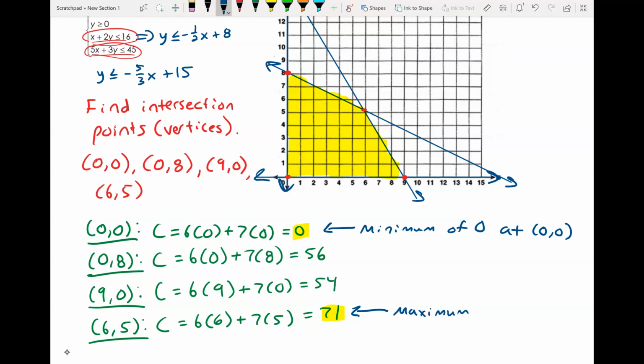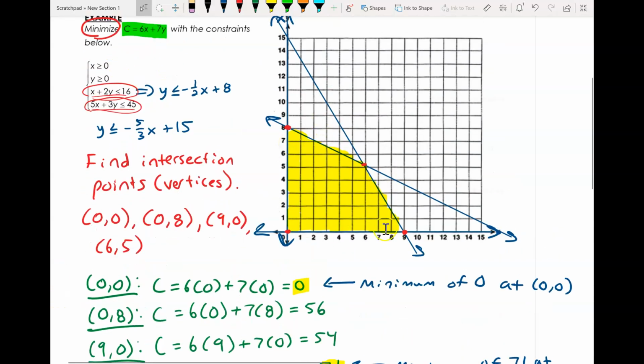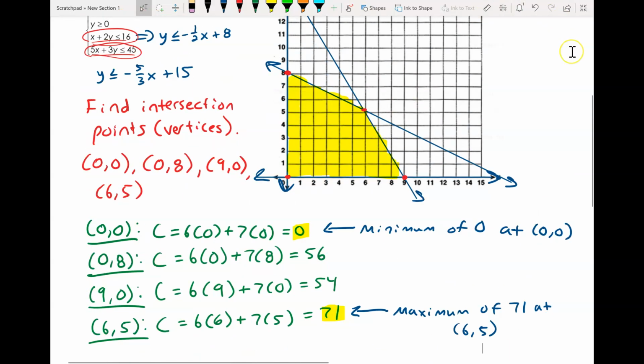There's a maximum value of 71 at the point 6, 5. So depending on whether it asks for the min or the max or both, that is more or less what you're going to set up to solve that linear programming problem. You're basically just solving the system of inequalities, getting those vertices, and plugging them into what's called your objective quantity, and finding the min and or the maximum.